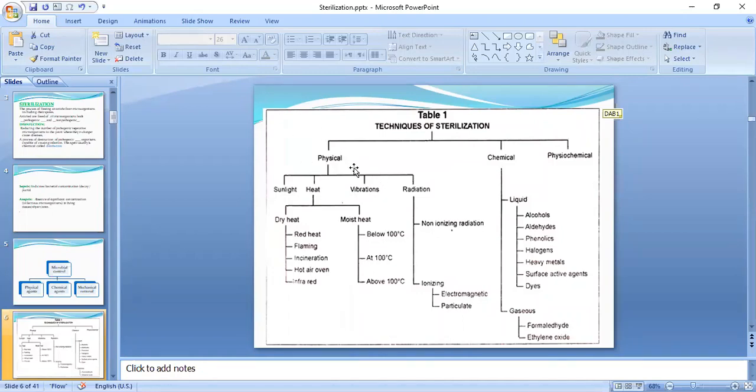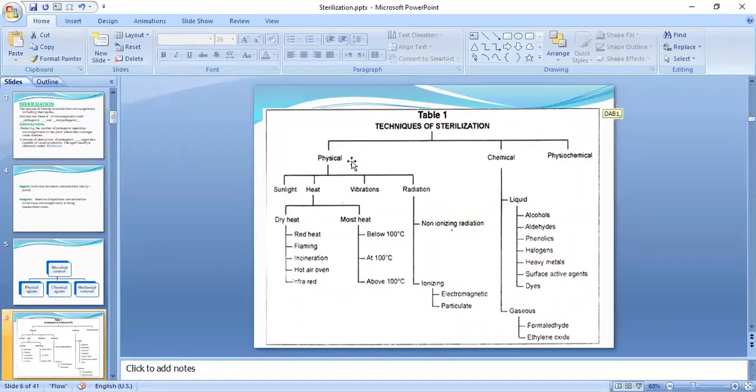The most important of them is the physical methods. The physical methods are sunlight, heat, ultrasonic vibrations, and radiation. Again, the radiation may be ionizing radiation or non-ionizing radiation.